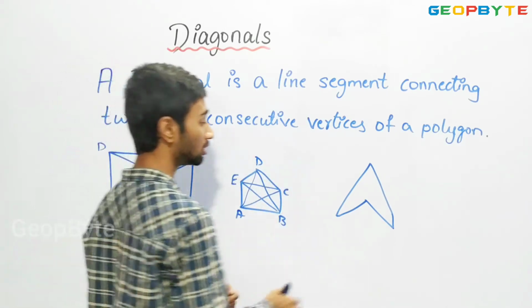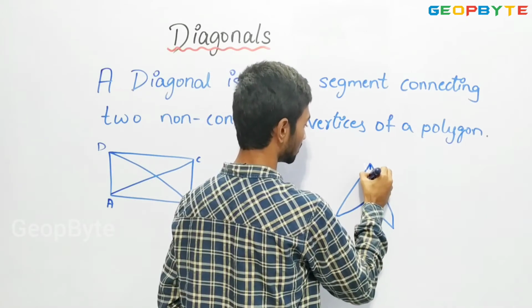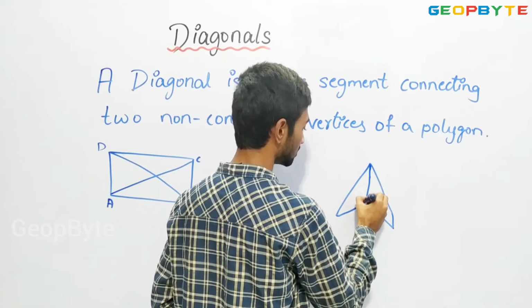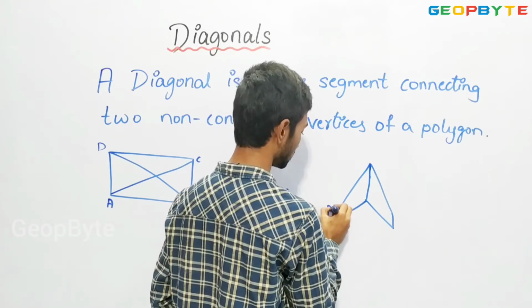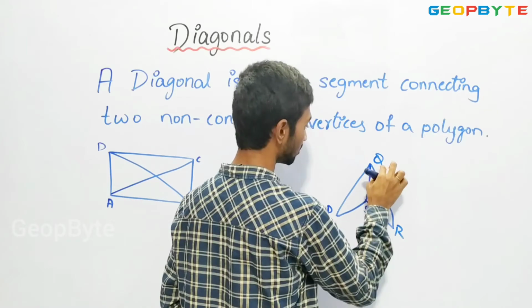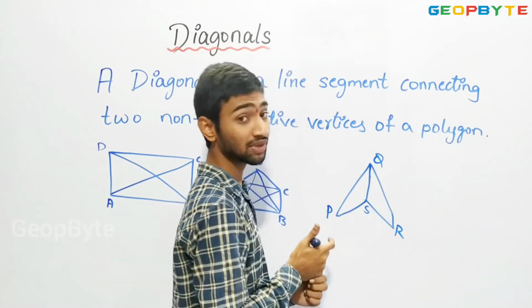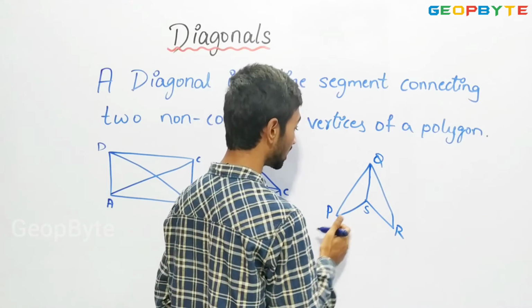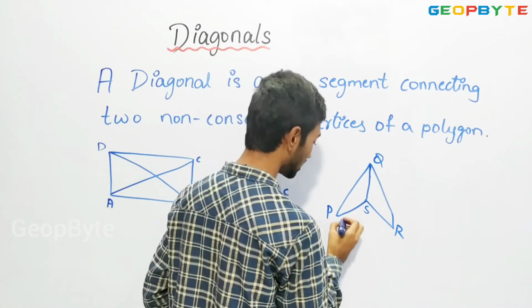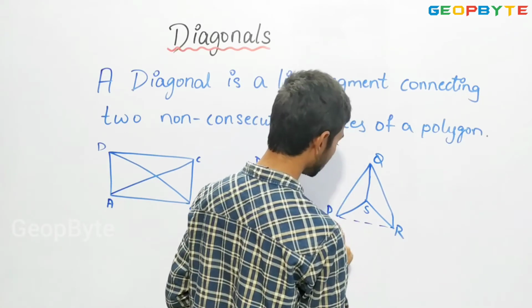Now let us draw diagonals for this. P, Q, R, S. So QS is a diagonal. Here QS is an interior diagonal. We can also draw an exterior diagonal, that is PR.